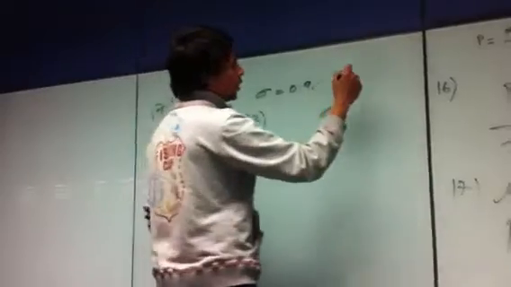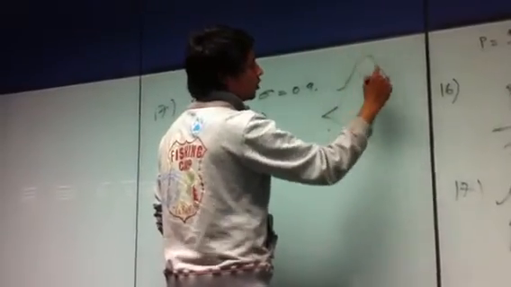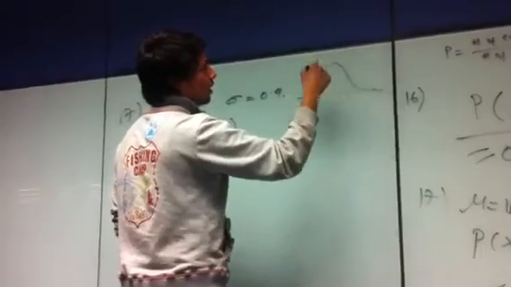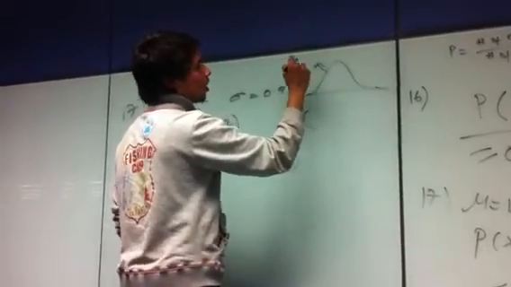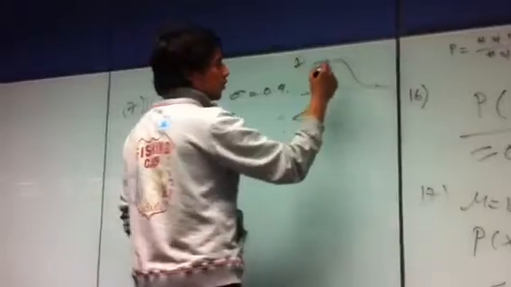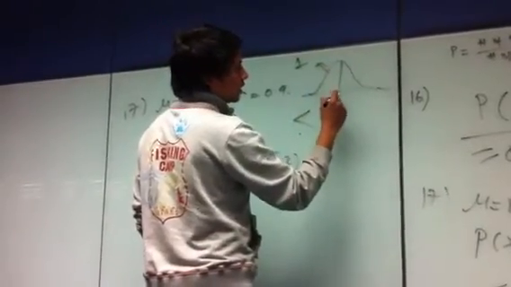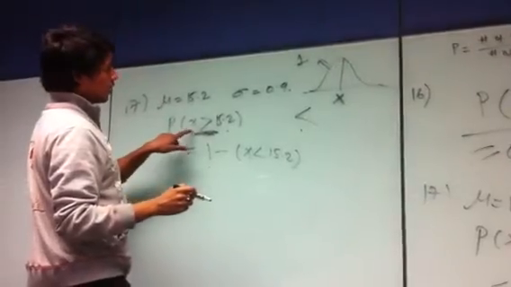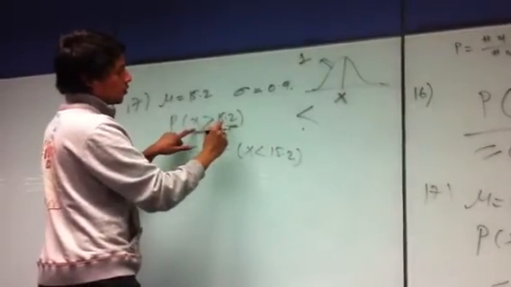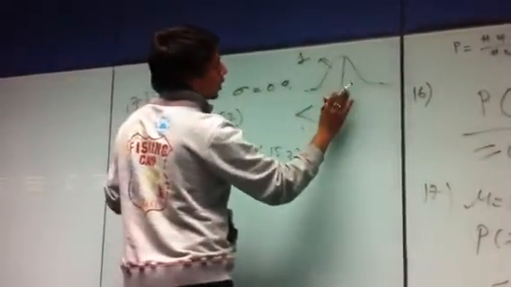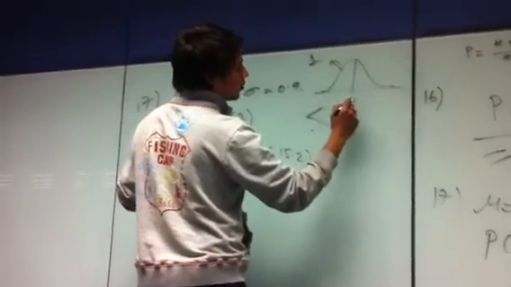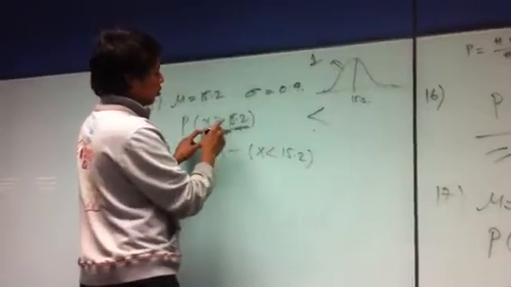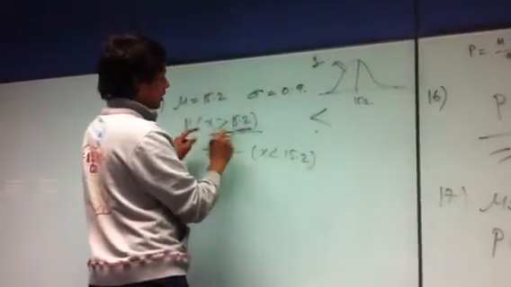And the reason you do 1 minus is, this is your normal curve, right? The total area of this normal curve is 1, right? So say this is your x, and x is greater than 15.2. Say this is 15.2. So what area is it asking you to find?